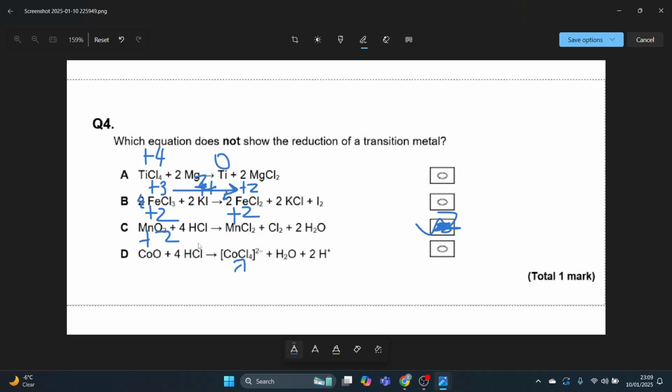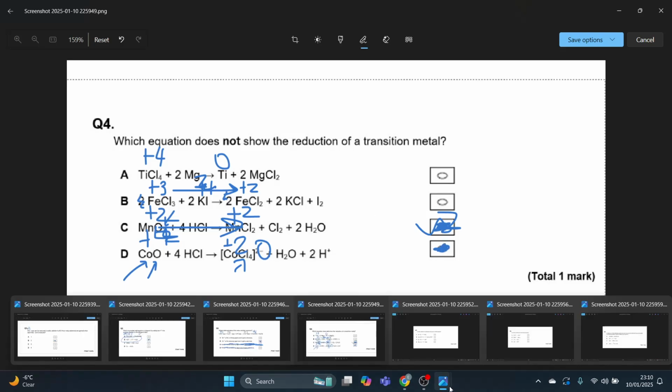Obviously, it's not C because that's -4 going to +4. So therefore the answer is D. I was confused because that's -4, overall charge -2, therefore that must be +2. That's clearly +2, with oxygen at -2. Therefore the answer is D.